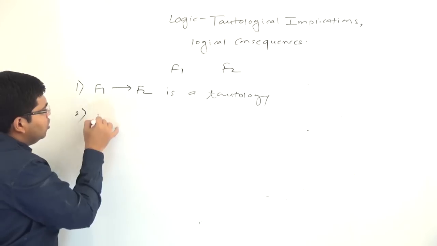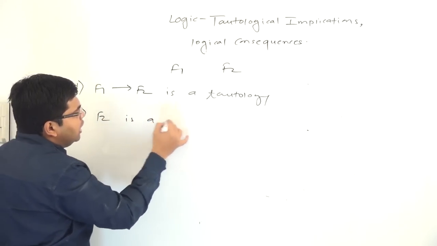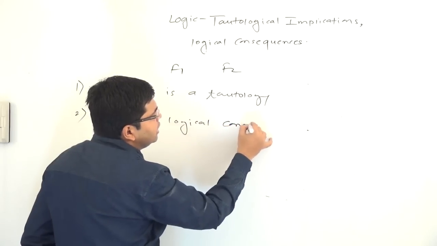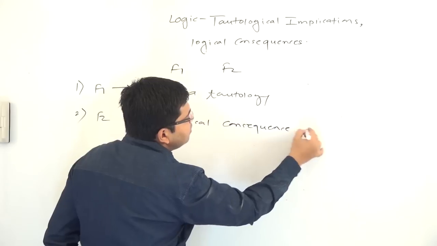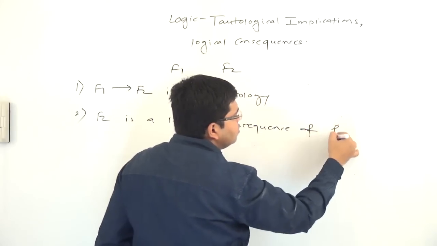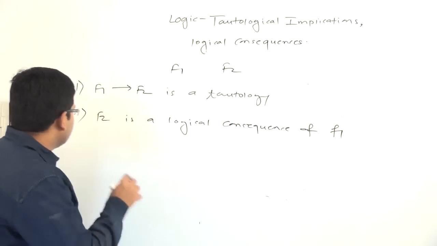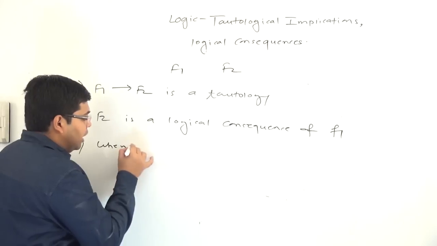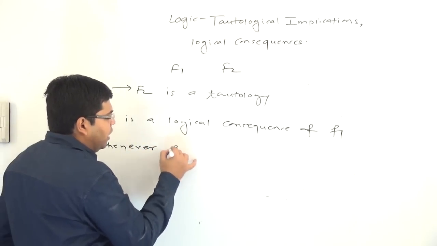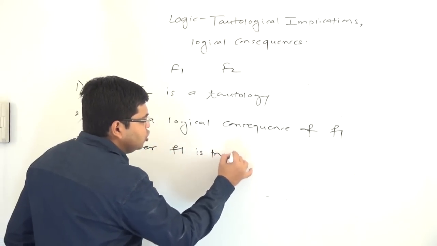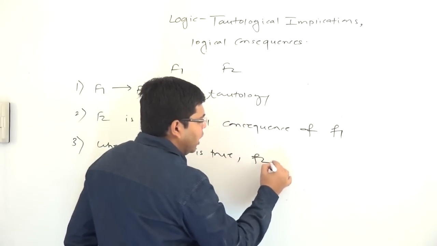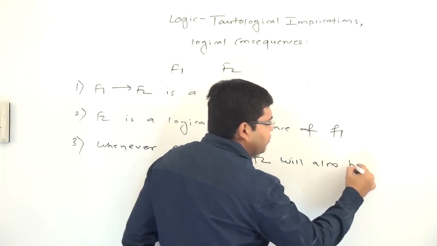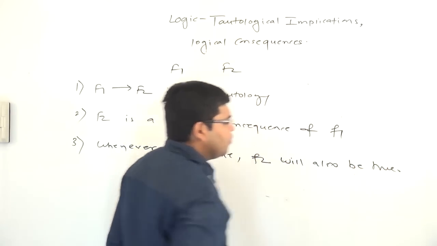Number 2, F2 is a logical consequence of F1. Number 3, whenever F1 is true, F2 will also be true.